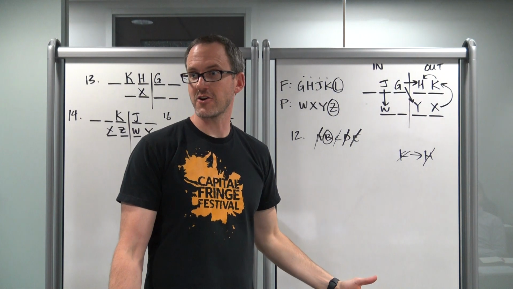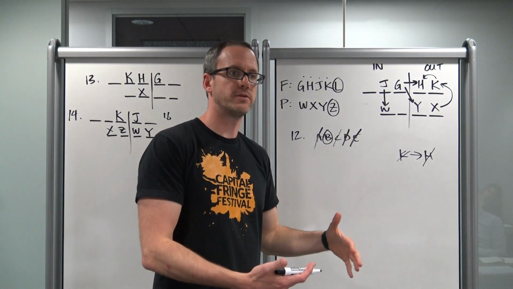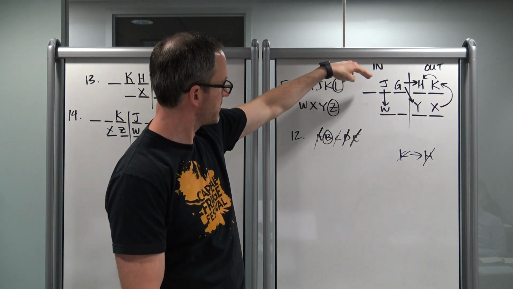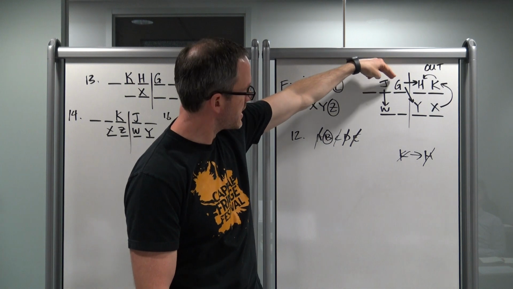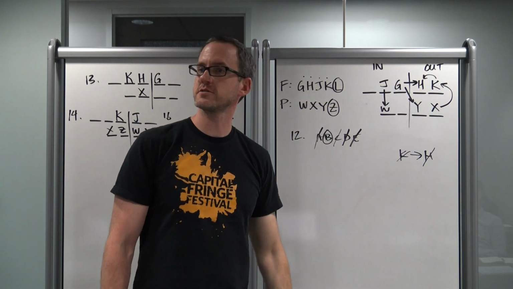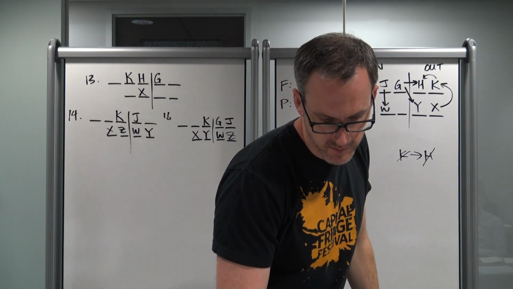Okay, K has got to go out, and then H has got to go out. So that's not good, right? Like if I'm just imagining myself with L, J, K, then I'm like, okay, I got to put G and H out, but K out is going to force H in. So that doesn't work.